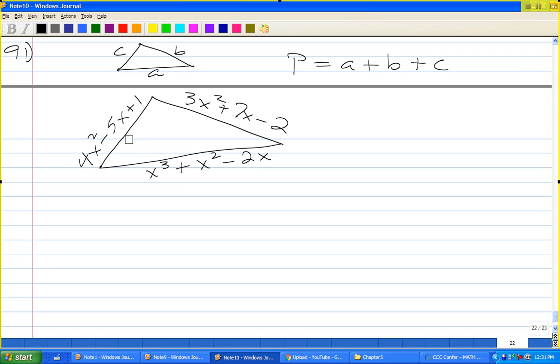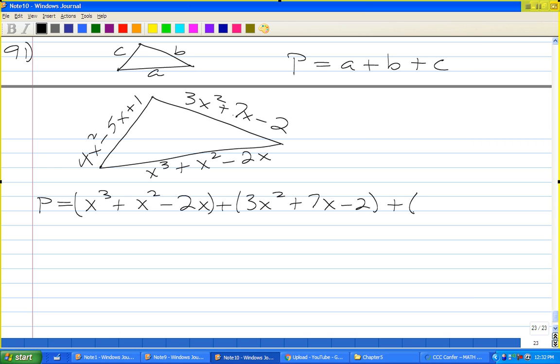So to find the perimeter of my triangle, I just have to add x cubed plus x squared minus 2x plus, I'll put the parentheses, plus 3x squared plus 7x minus 2 plus the third 4x squared minus 5x plus 1.